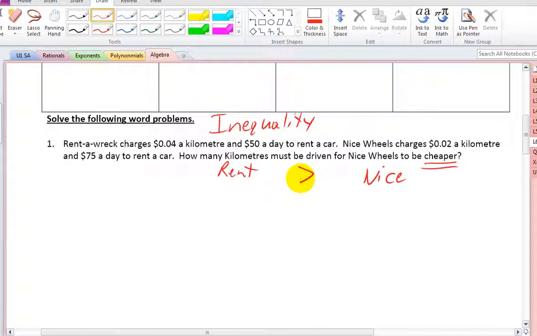Good. Okay. Come up with the equation for both sides. Go. Okay.